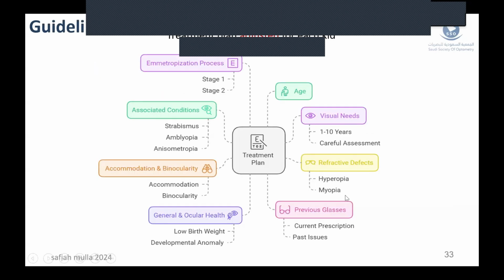According to his refractive defects, the hyperopic child will have a different management than myopia. The associated conditions, if he has strabismus, anisometropia, accommodation problems or binocularity problems, and the general health or ocular health, all this is going to affect your decision when you prescribe for the child.